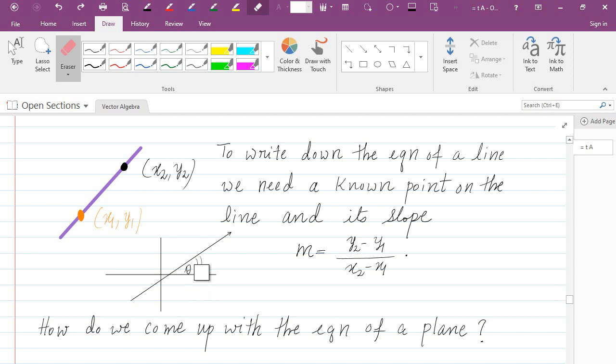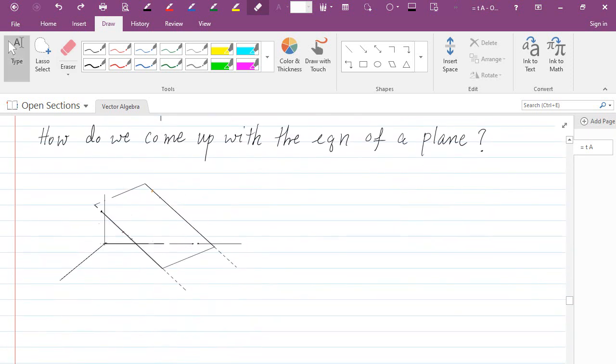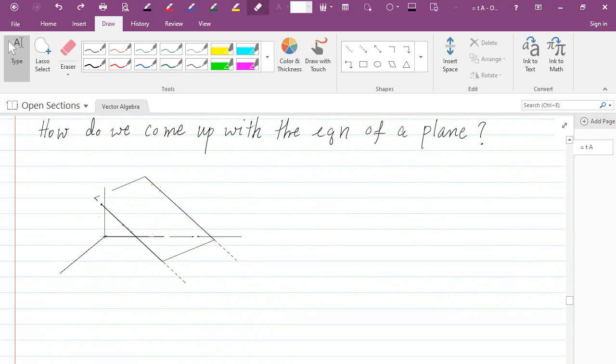The question now is, how do we come up with the equation of a plane in 3-space? Is it possible to define a slope for a plane?